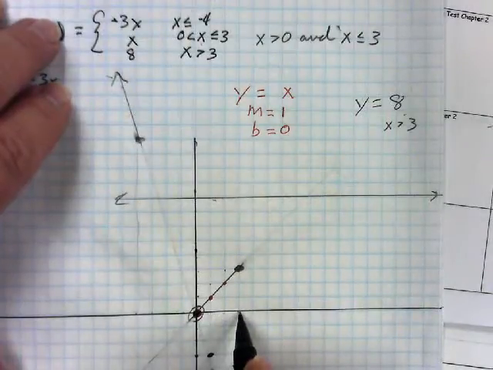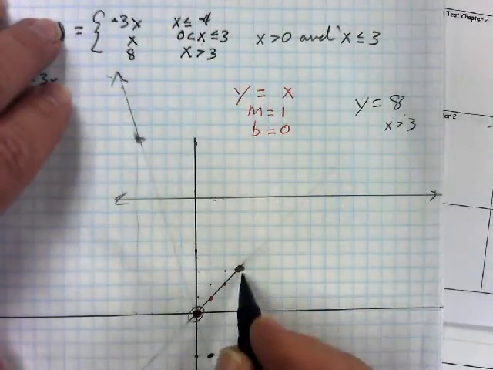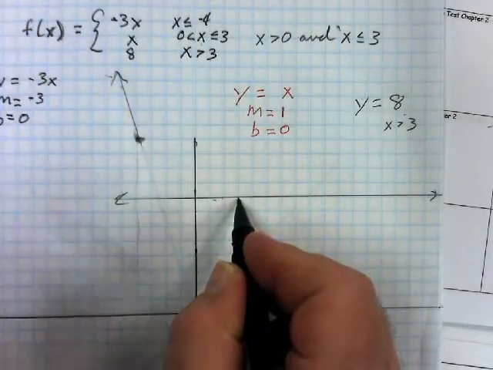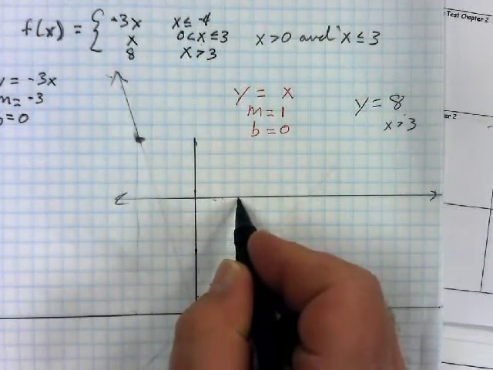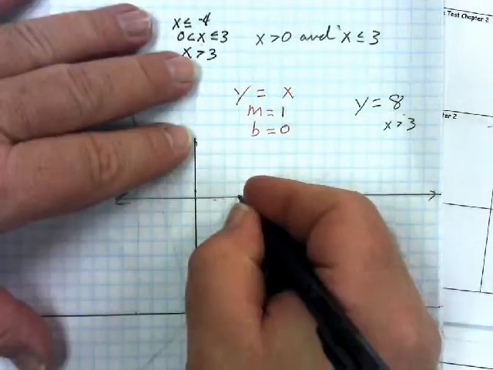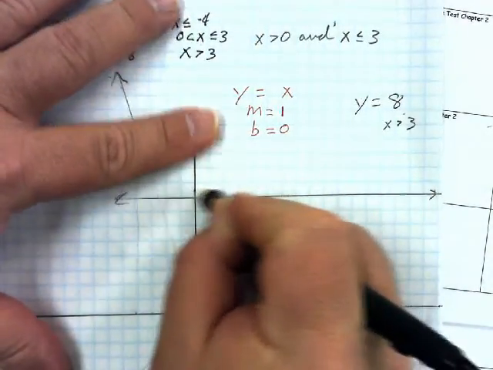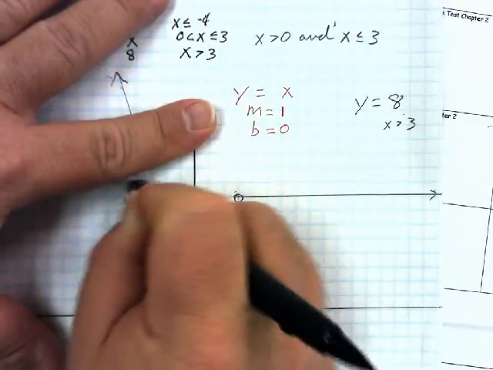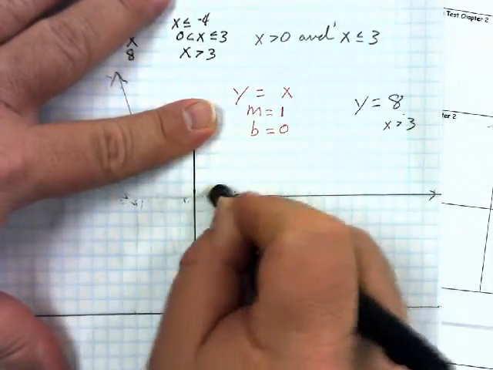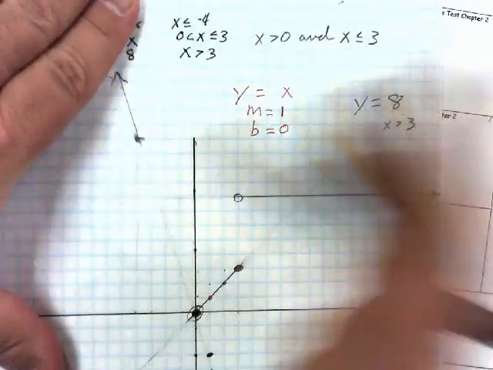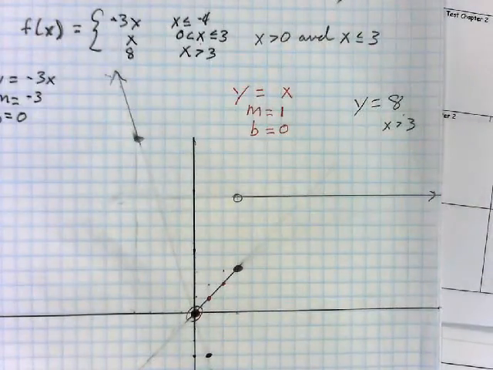Will I be putting a dot or a circle? We also just said that all of these points going this way are now gone. Okay, there's your piecewise function.